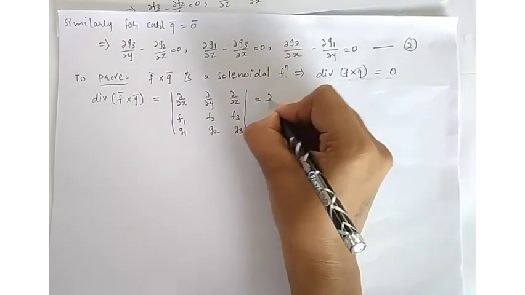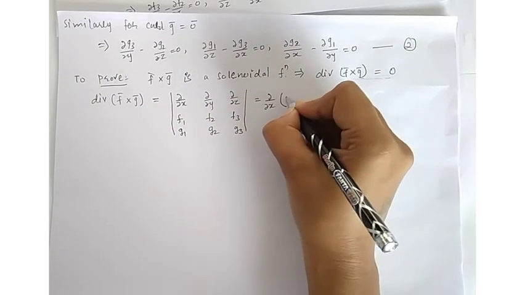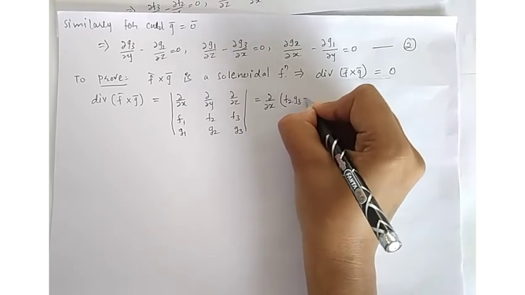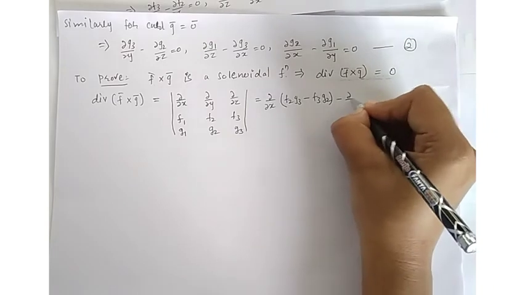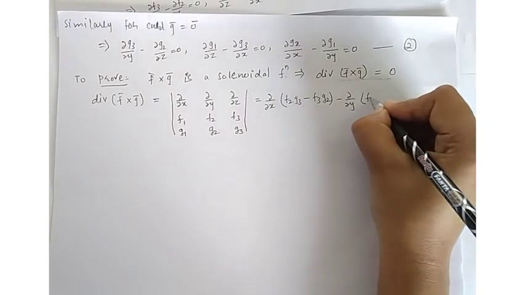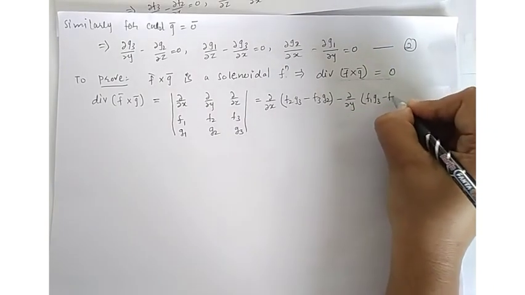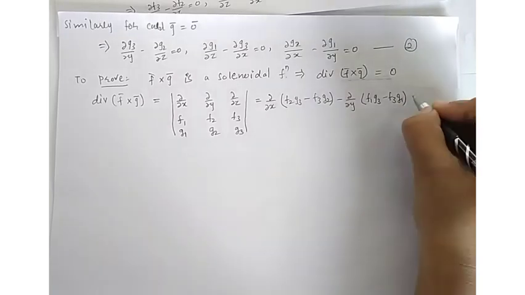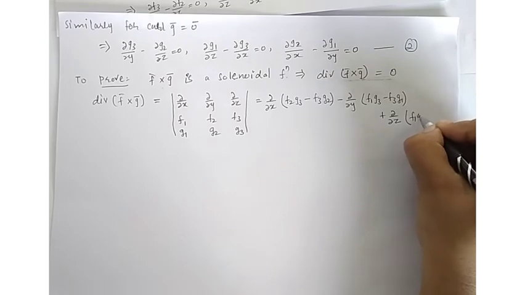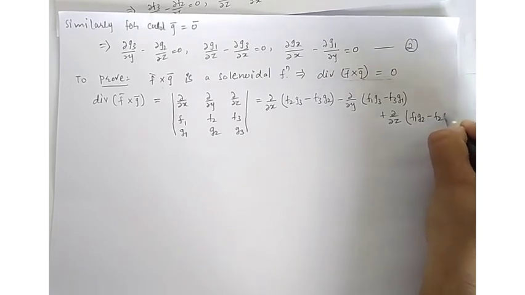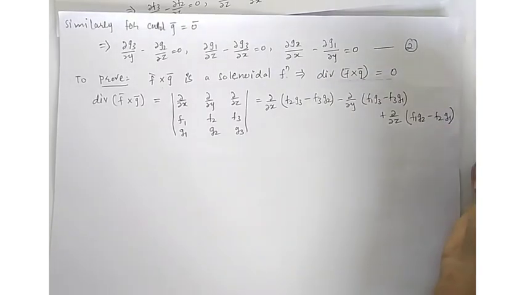Take the determinant: del by del x of (f2 g3 minus f3 g2), minus del by del y of (f1 g3 minus f3 g1), and plus del by del z of (f1 g2 minus f2 g1).